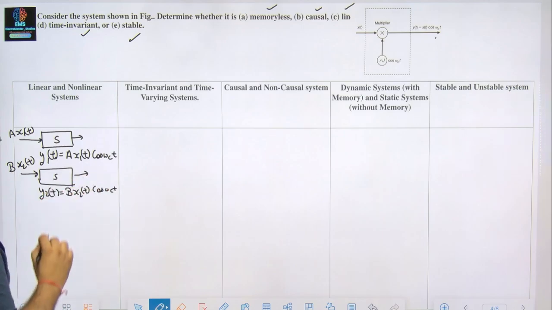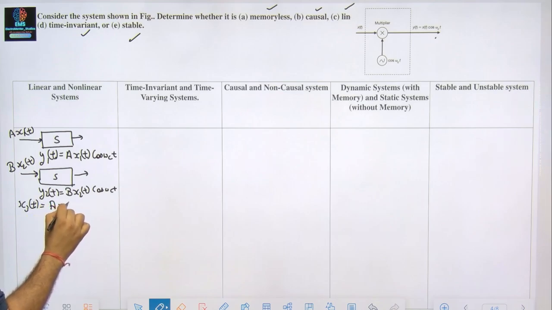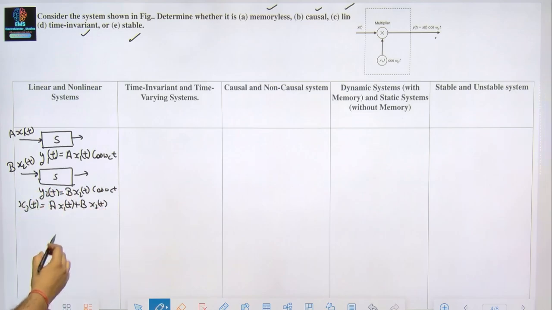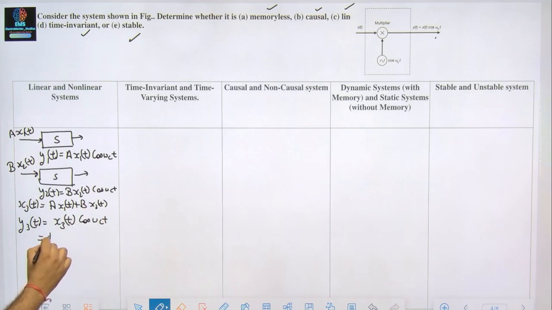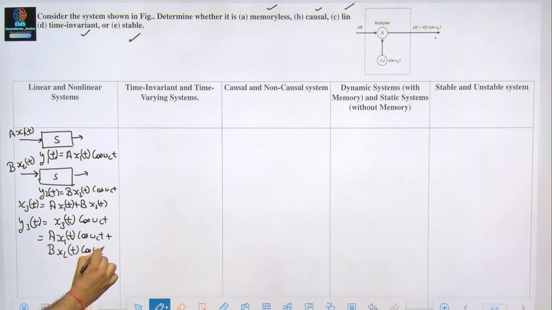Okay. So let's give another input, that is x3(t), which is nothing but a times x1(t) plus b times x2(t). Now what will this system give? The system will give me y3(t), which is nothing but x3(t) multiplied by cos(omega c t). This will give me a x1(t) cos(omega c t) plus b x2(t) cos(omega c t).